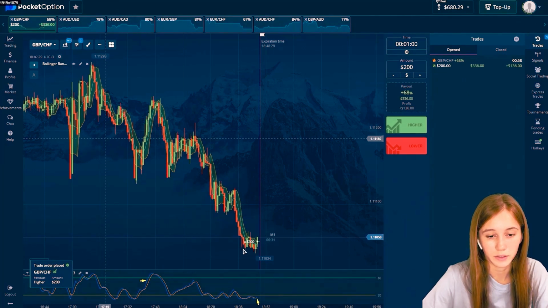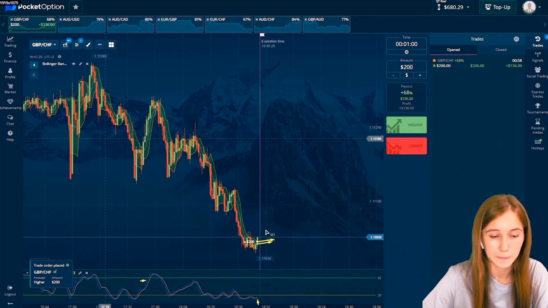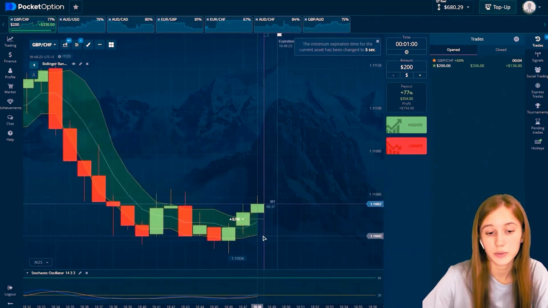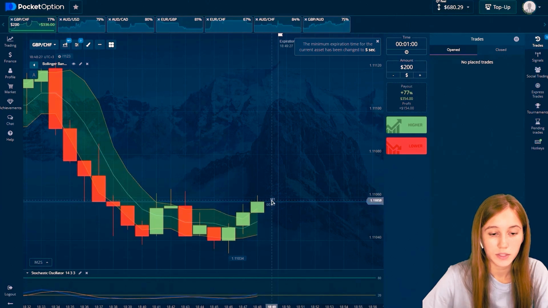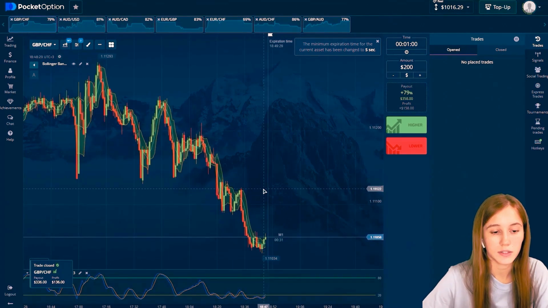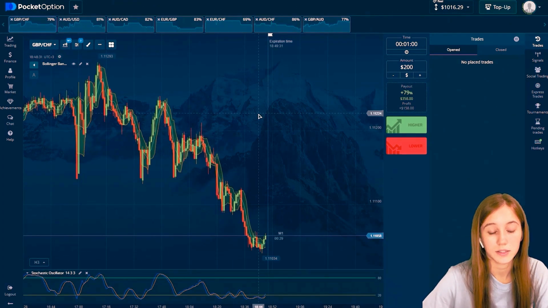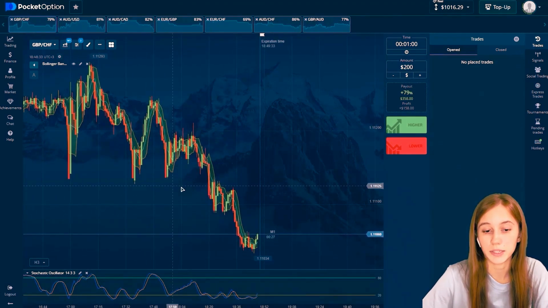Stochastic, we see an intersection with the orange line. So that's why we open for an increase. 3 seconds left until the end of the deal. That's great. Our plus deal we see.